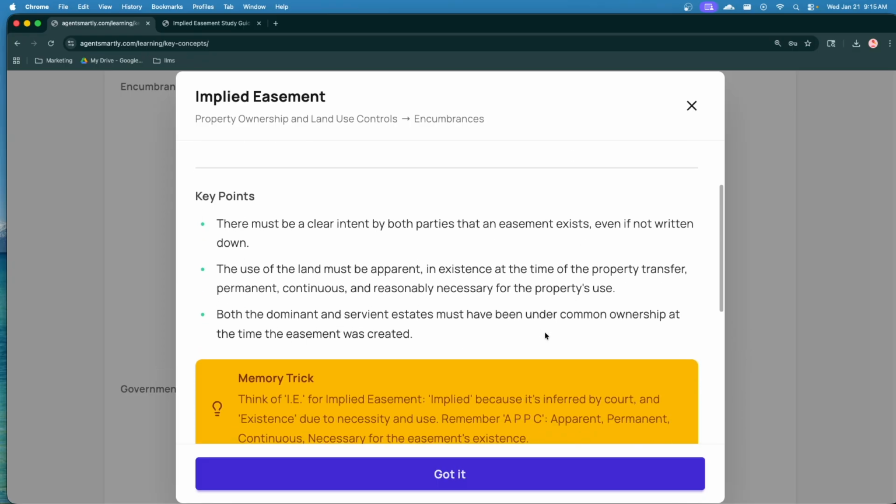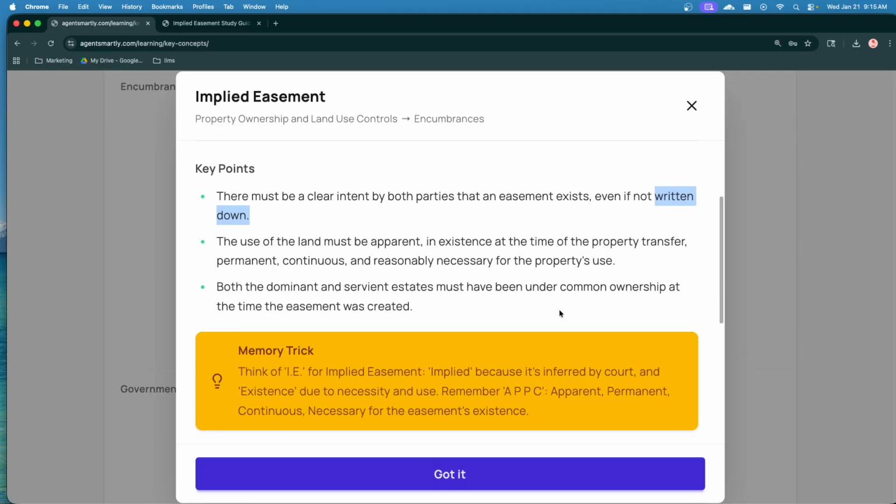There must be a clear intent by both parties for such an easement to exist, even though there's nothing written down. So let's say your property and your neighbor's property, you both agree to that. But once again, no written formal agreement, and the use of the land must be apparent.